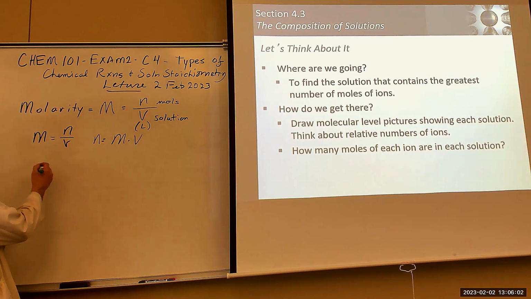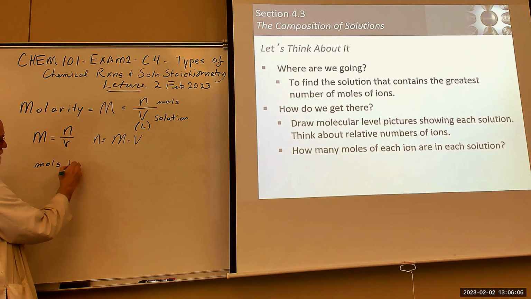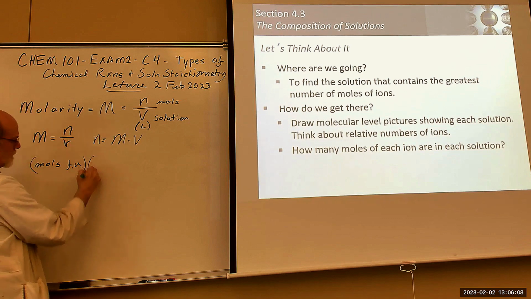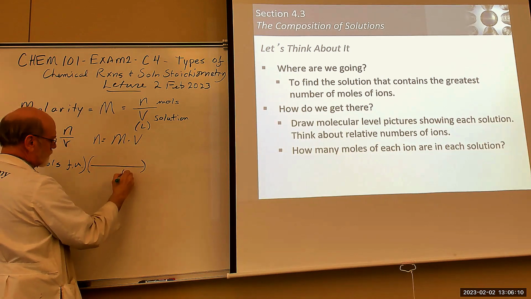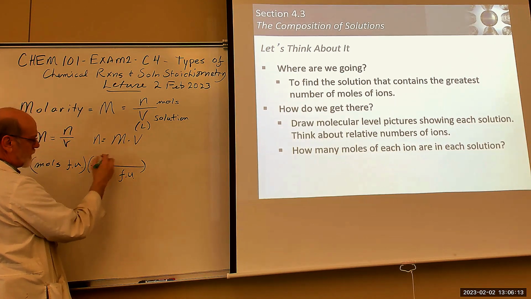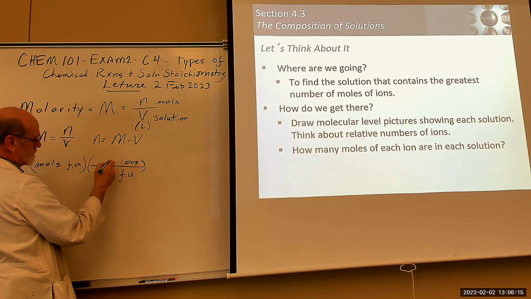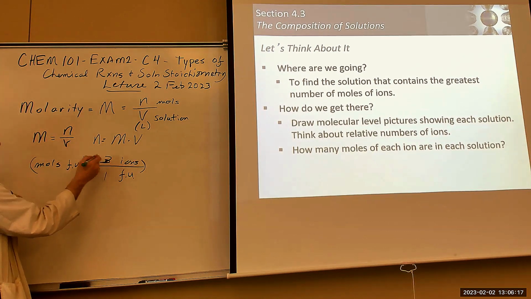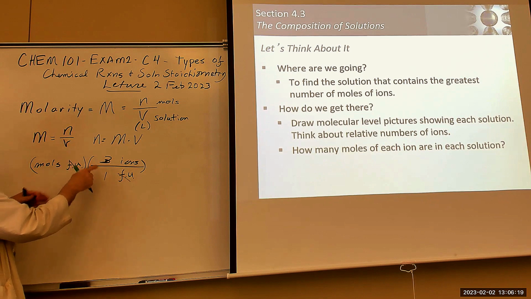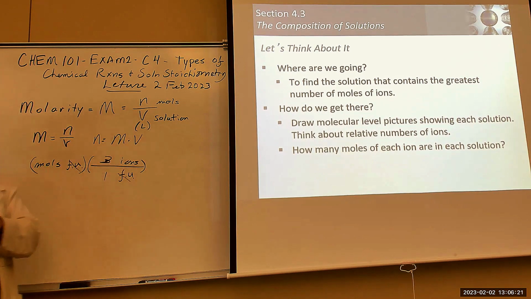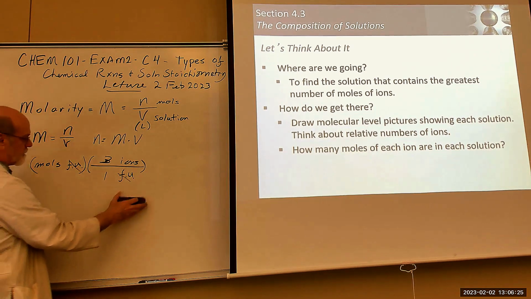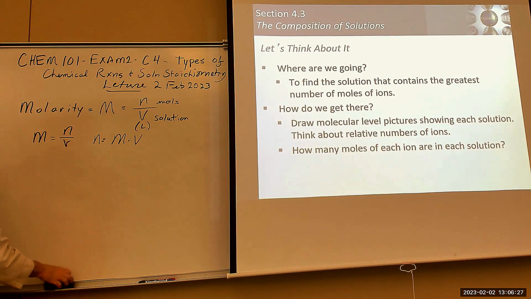Because it will give you moles of formula unit, right? And then for every formula unit, how many ions do you have? Maybe it's 3. So the formula units cancel and you're left with ions. So it's a dimensional analysis problem too. All right.